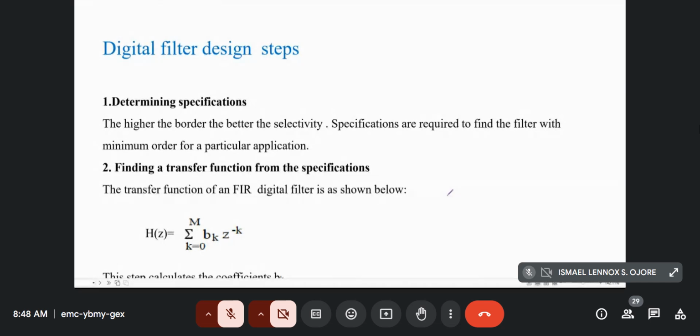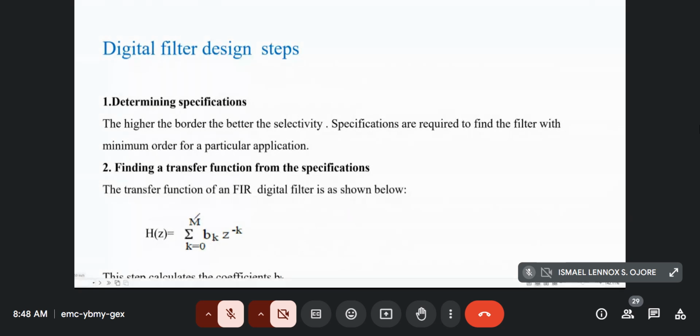Remember, we are using the multipliers for scaling the coefficients. So the higher the order, of course, means higher computation. So you have to compromise.